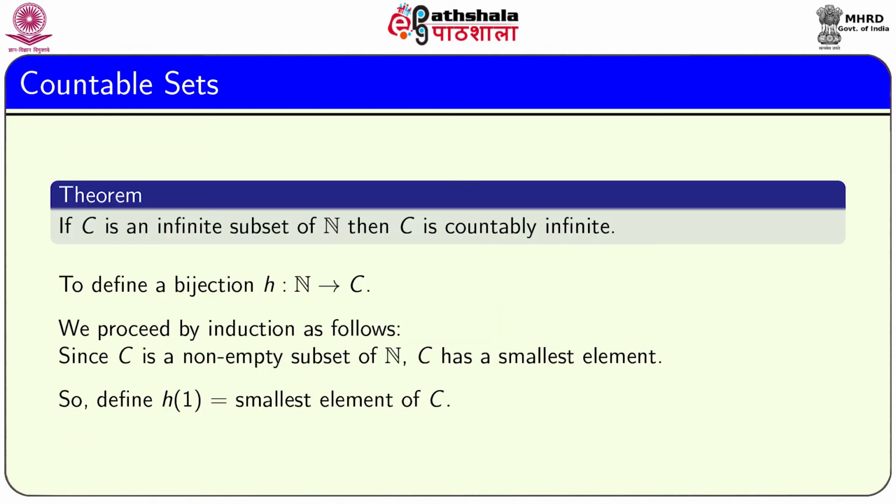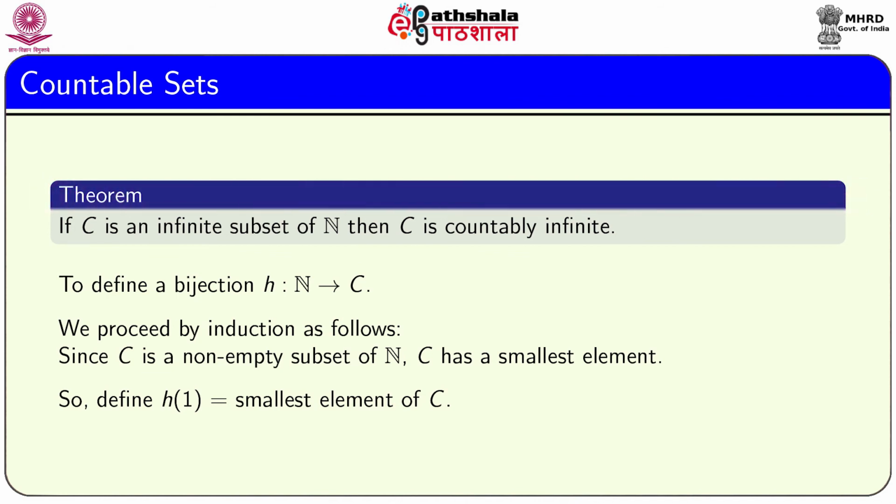The first theorem shows that if C is an infinite subset of N, then C must be a countably infinite set. To define a bijection H from N to C, we proceed by induction. Since C is a non-empty subset of N, C has a smallest element.